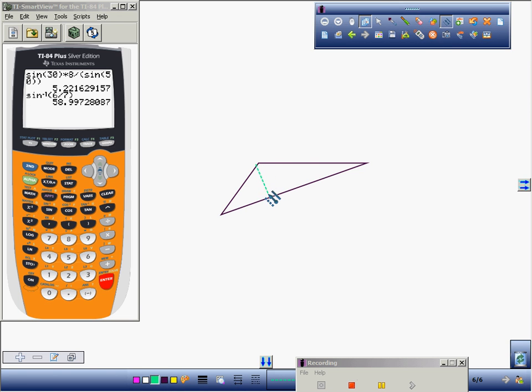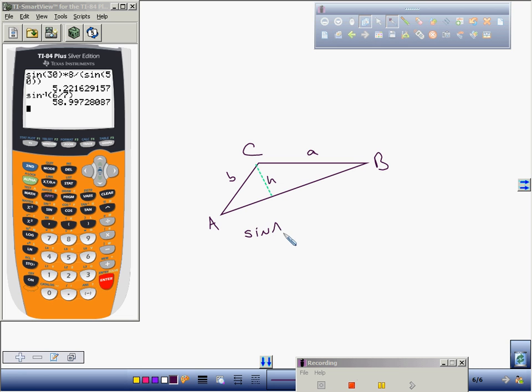Watch. If I call this H over here, and this is A, and this is B, and this is C, and I'm going to call this side little b and this side little a. I know from before that the sine of A is, and I'm going to call this side C from here to here. How do I find the area of that triangle?